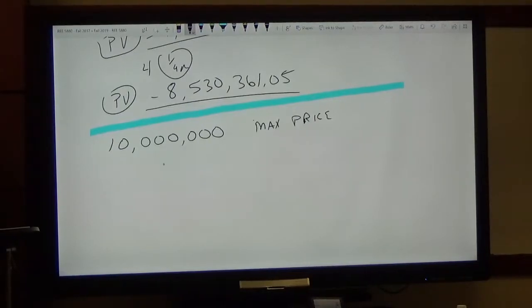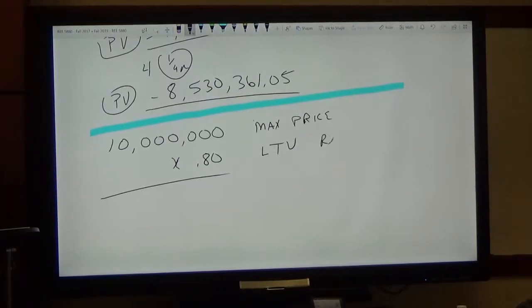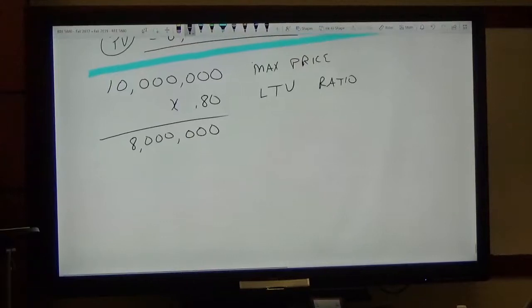And so we work forward and we say, okay, the lender is telling us they're willing to loan up to an 80% loan-to-value ratio. So that means, based upon just that one variable, they're willing to lend us $8 million on this property. Yes? Okay. So that would be our maximum loan amount.